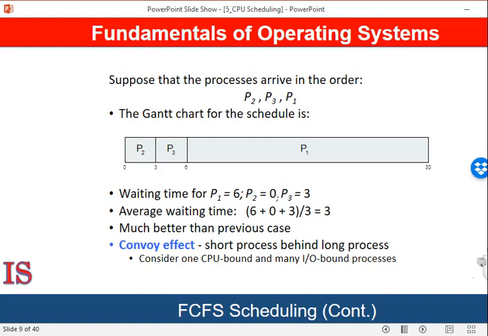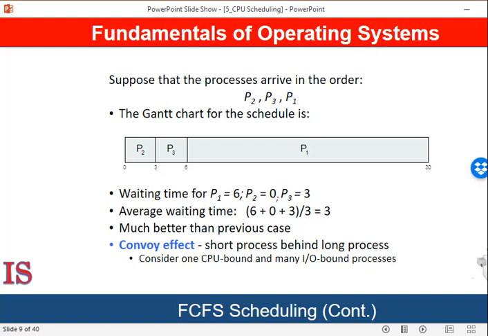Eventually, the CPU-bound process finishes its CPU burst and moves to an input-output device. All the I/O-bound processes, which have short CPU bursts, execute quickly and move back to the input-output queues. At this point, the CPU sits idle.